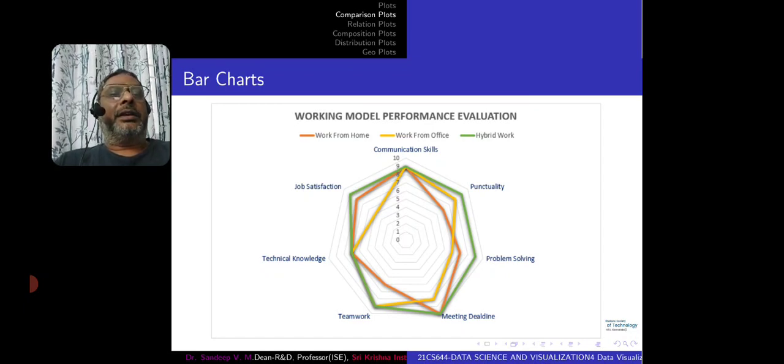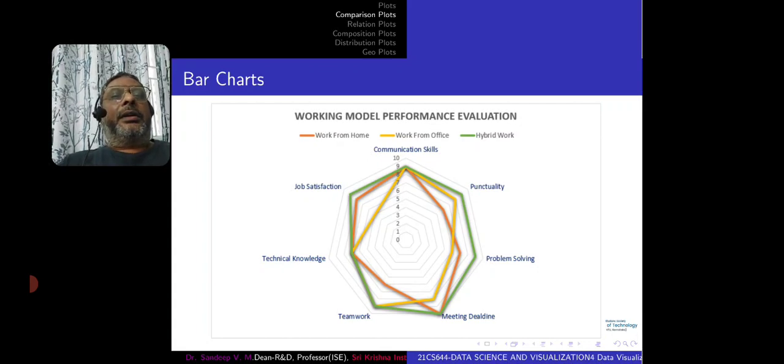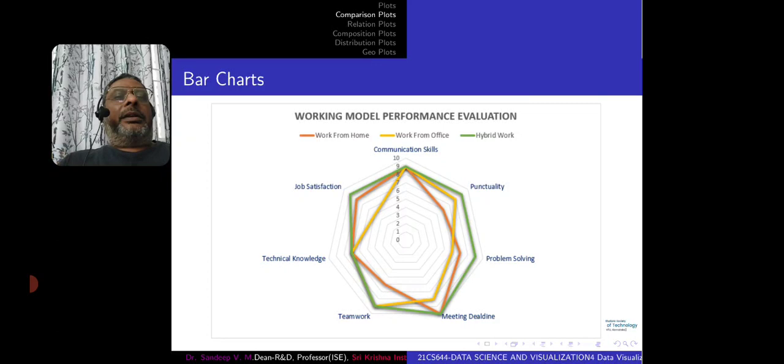Take anything. Yes, of course, the green one shows the best, and hence we can recommend the hybrid mode of working. All this is possible only when we put this in the form of a radar chart. So that's the advantage of that.